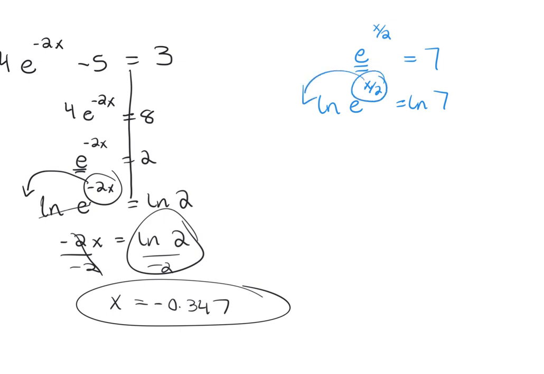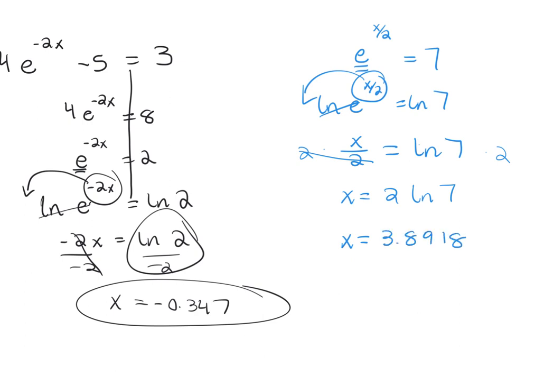The exponent comes down, ln e cancels out, so x over 2 equals natural log of 7, and then multiply both sides by 2. So 2 times the natural log of 7, you can type that in your calculator, and you should get about 3.8918. The steps are the same thing that we've been doing, it's just using the natural log instead of the regular log.